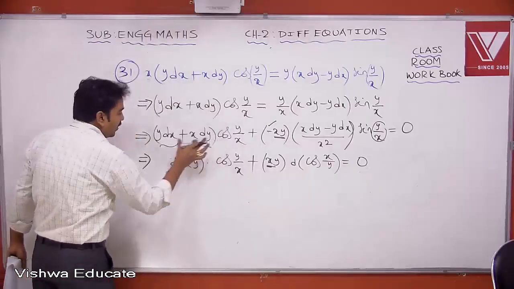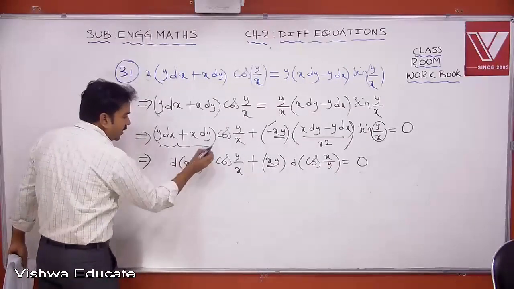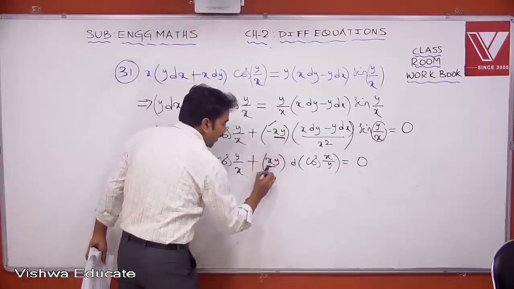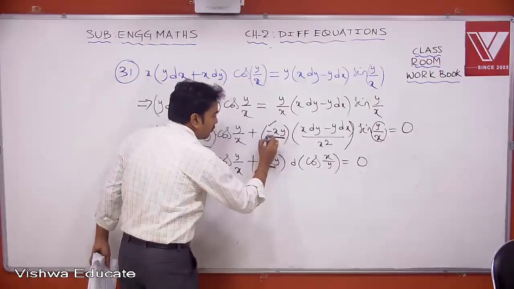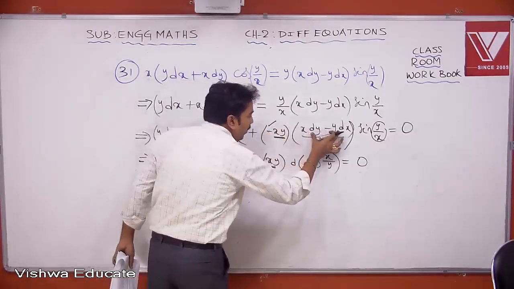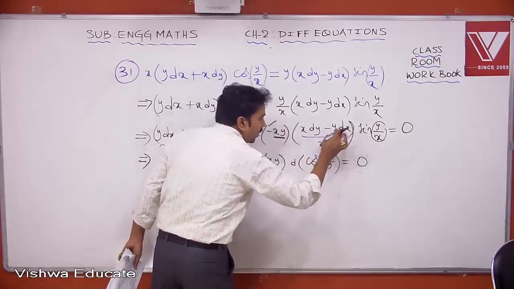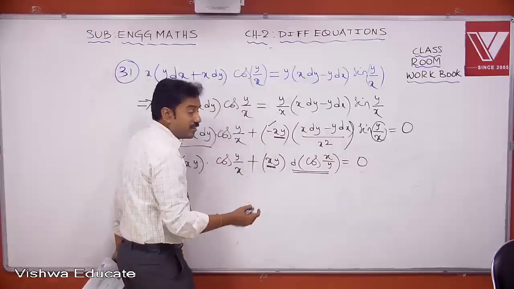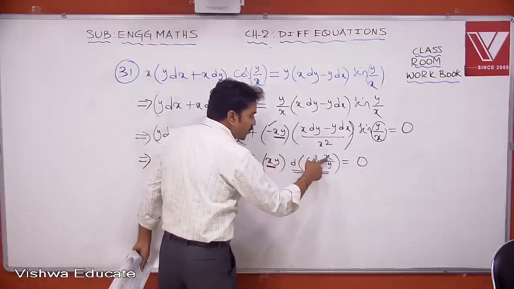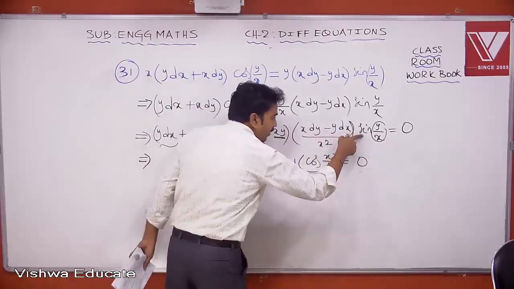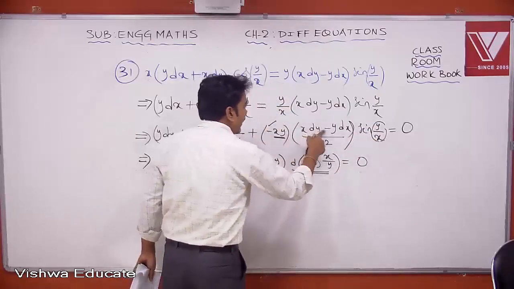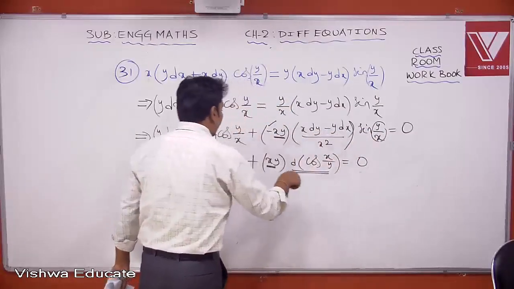Therefore this is very clear. This is the derivative of xy into cos y by x plus, I am writing xy as it is. Here I have minus symbol, minus of x dy minus y dx by x square into sine of y by x. That is nothing but derivative of cos y by x. You can easily verify. Derivative of cos is minus sine into y by x derivative, x dy minus y dx divided by this square.